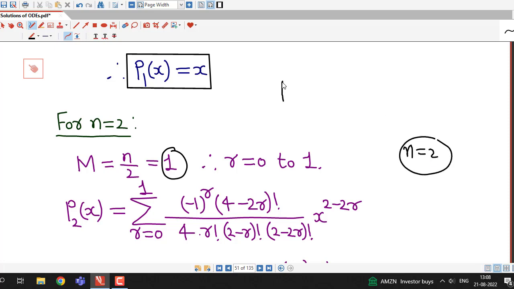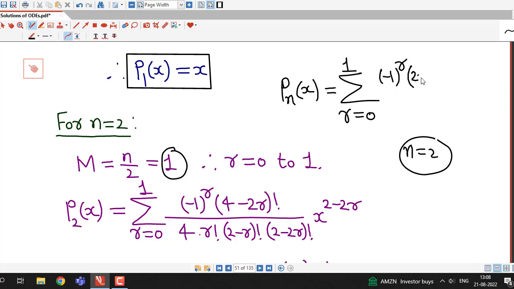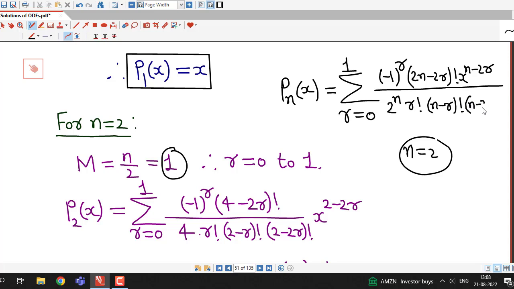Okay, we have this formula. Let me write again. Pn(x) equal to sigma r equal to 0 to M. M is 1 now, and we have minus 1 raised to r, (2n minus 2r) factorial, x raised to n minus 2r, divided by 2 raised to n times r factorial times (n minus r) factorial times (n minus 2r) factorial.